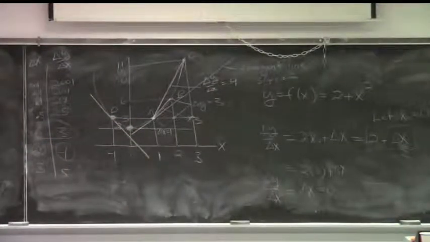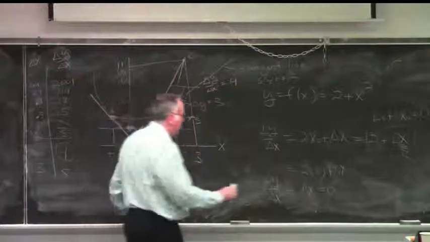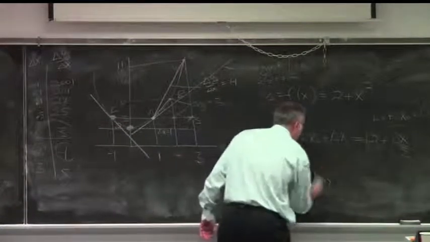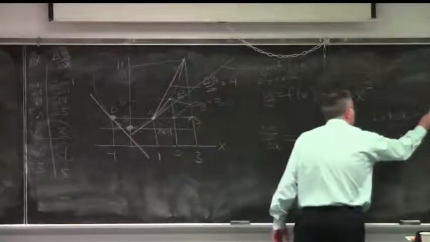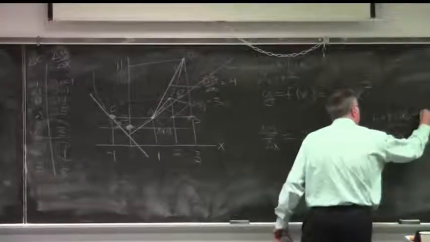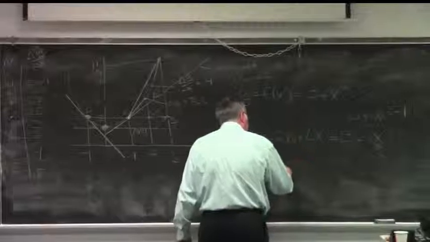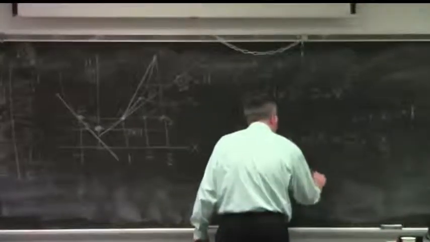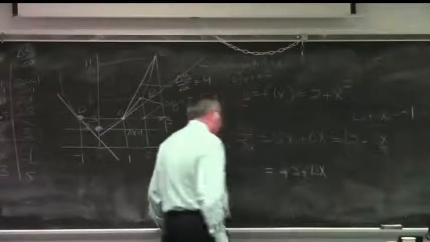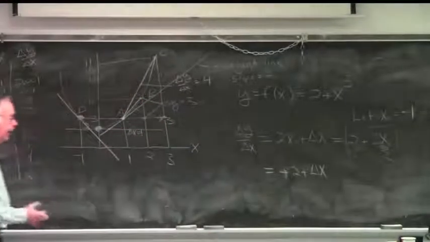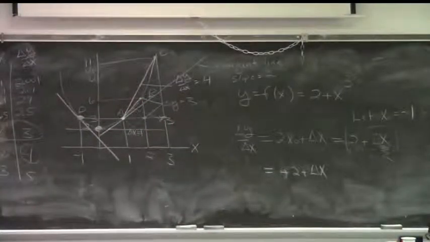And in fact, if we work out what the derivative is, we just go back to this formula right here. Now we let x sub 0 be minus 1. So delta y over delta x is minus 2 plus delta x. And in the limit, as delta x goes to 0, the derivative is just what?